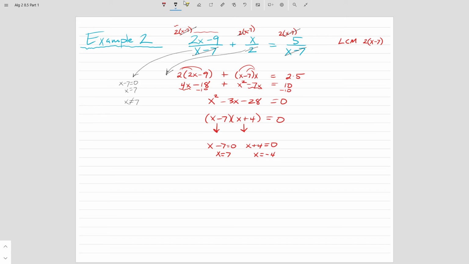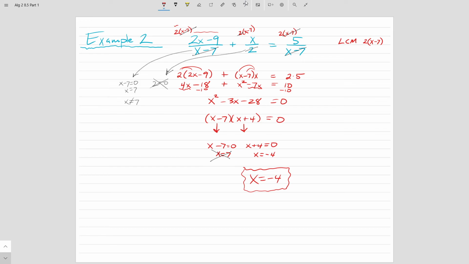Well, 2 equals 0, it doesn't find me anything. But one domain restriction is 7, which I got as an answer. So what happens is I have to throw out that one answer that I found. And x equals -4 is going to be my only answer that works. And that's how you have to make sure to use domain restrictions.